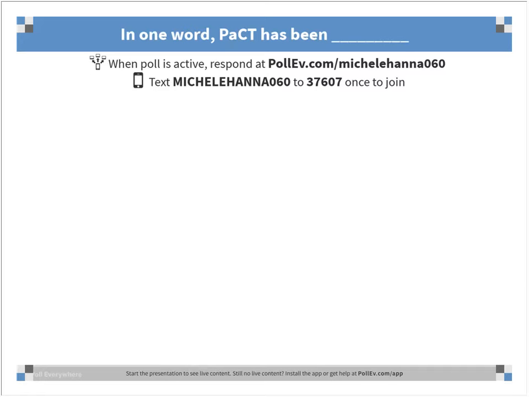Then into the message box, beside text, it says Michelle Henna 060. Type that into the message and press send. You should get a text message back stating that you've joined the session. Once that happens, you can respond to our poll question.